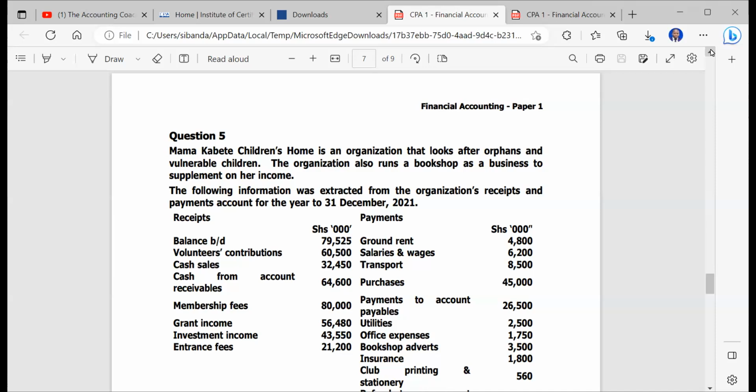Now, for financial accounting exam purposes and also for our learning, these non-for-profit organizations could be charity organizations, or they could be associations. For example, a football association, a parents association, or an alumni association, and so on.